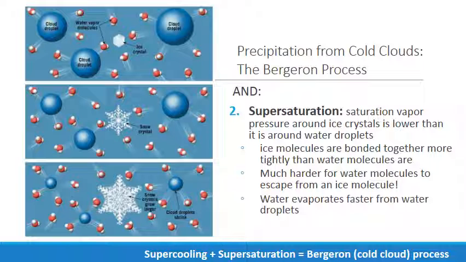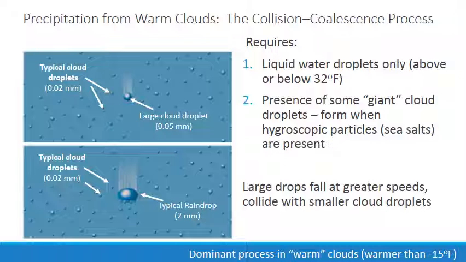Even on a hot summer day, a heavy rainfall may have begun as a snowstorm high in the clouds overhead. During a middle latitude winter, even low clouds are cold enough to trigger precipitation via the Bergeron process. So Bergeron is the cold process.